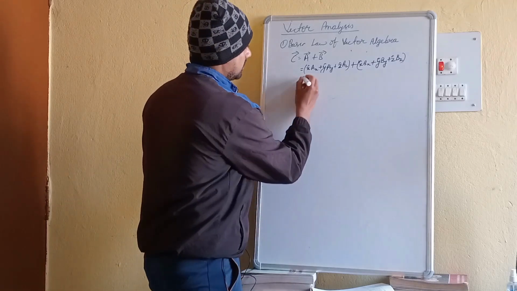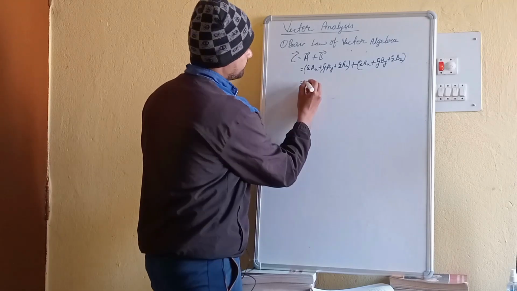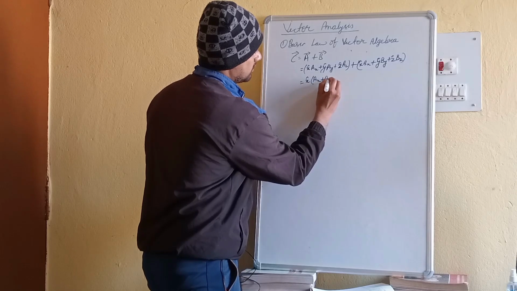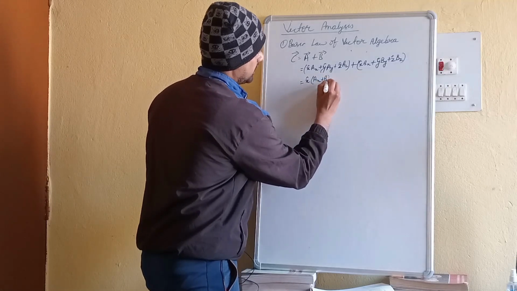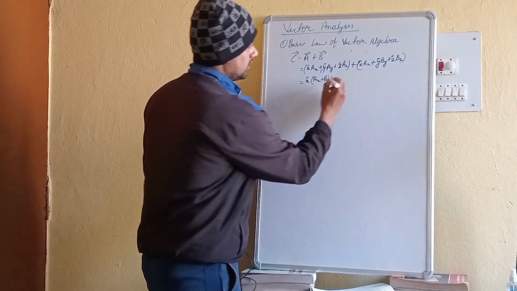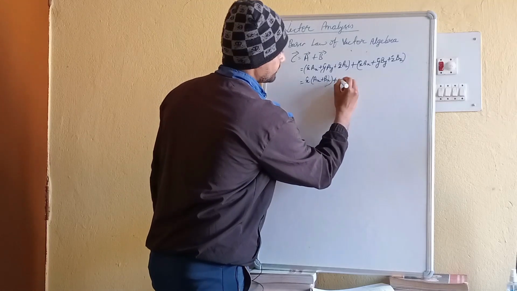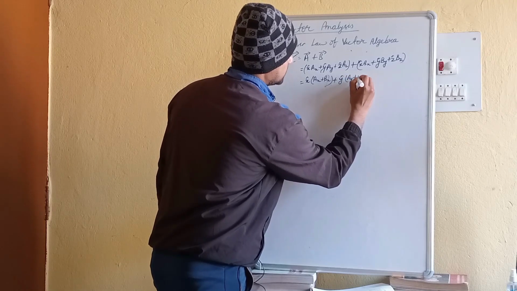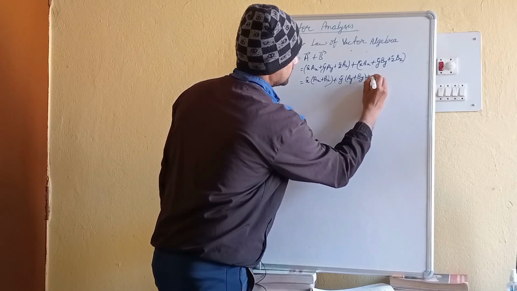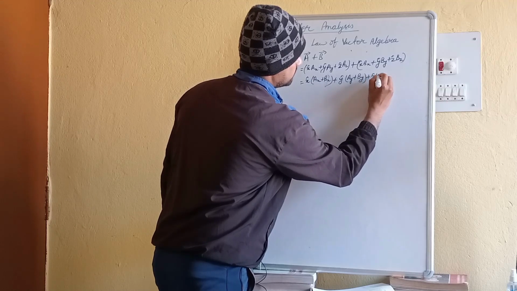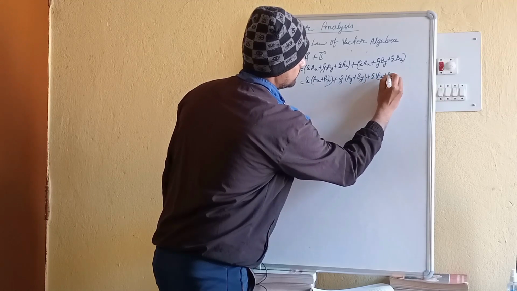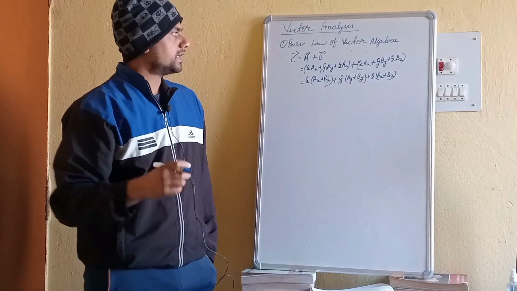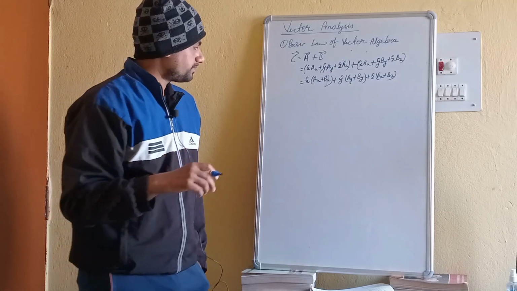So here I can write x cap (Ax plus Bx), then y cap (Ay plus By), and then z cap (Az plus Bz). In this way we can add these two vectors.